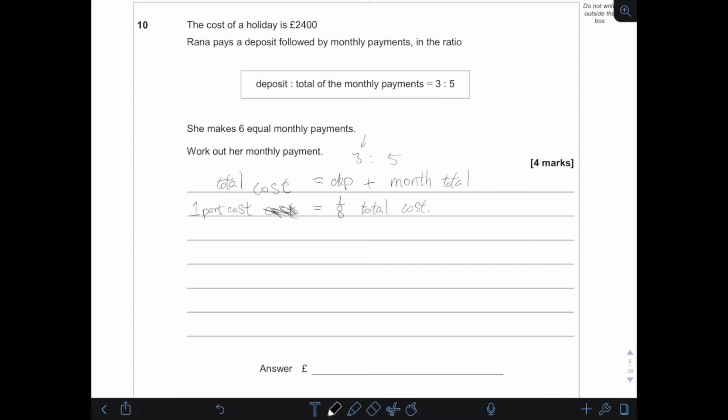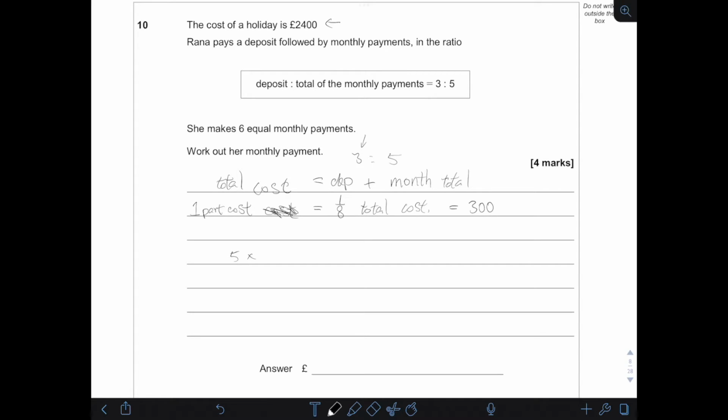I'm trying to make everything as clear as I can. So 1 part of the cost is 1/8 of the total cost, and we know the total cost is 2,400, which means that 1 part of the cost is 2,400 divided by 8, which is 300. So £300 is the 1 part cost. We know the total amount of monthly payments is 5 parts.